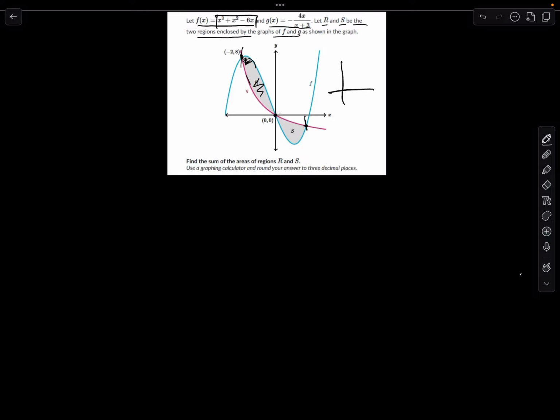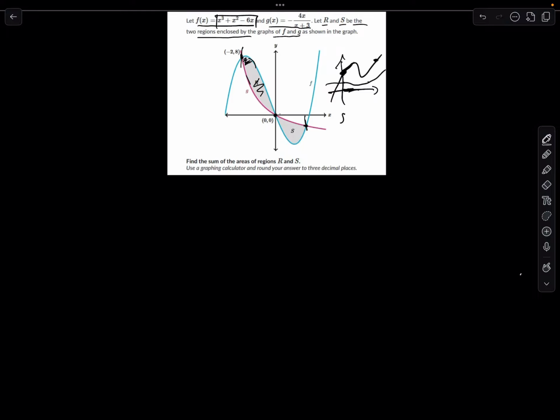There are some scenarios where there are only two intersections, and it's relatively easy to figure out the answer in that case. So you can have something like that, and then they tell you to find the areas between the curves. You basically take the integral from a certain x value to another x value between the bigger function and the x-axis, and you do the same thing for the smaller function.